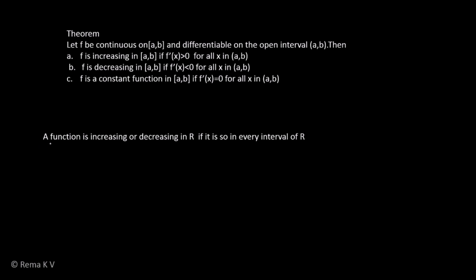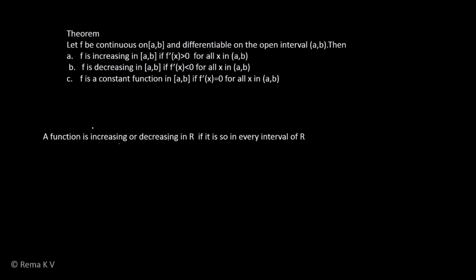Also, a function is increasing or decreasing in the set of real numbers if it is so in every interval of R. That is, if the function is increasing in every subinterval of R, we say that f is increasing in R. And if it is decreasing in every subinterval of R, we say that it is decreasing in R.